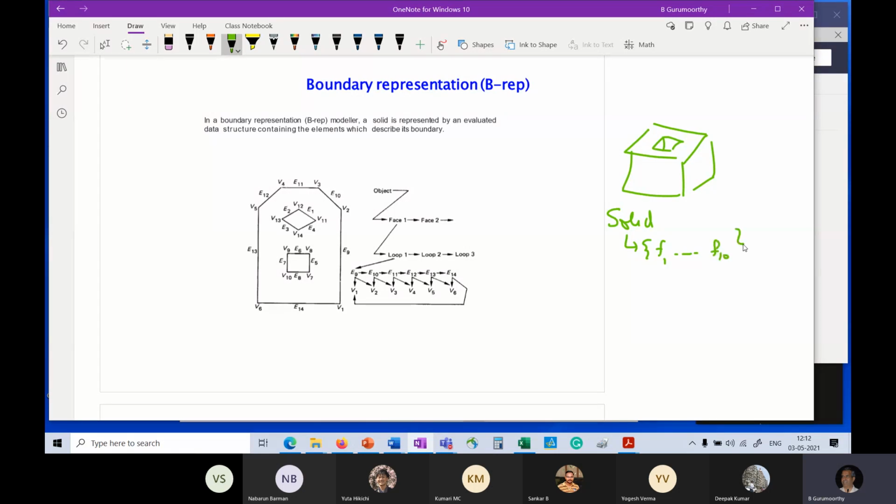So maybe F10, that's the number of faces in this. The only difference being that if this was to be F1, one of the faces in this instance, or two of the faces in this instance, will have not just one ring of edges, but two rings of edges.